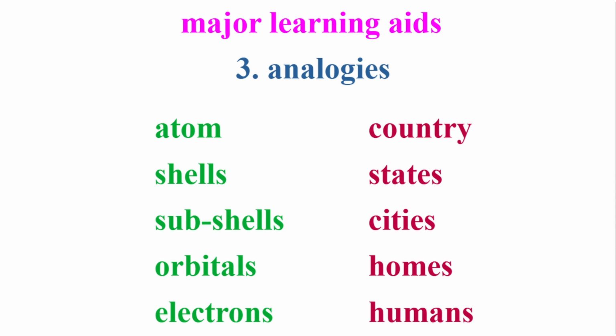Consider an atom to be analogous to a country like our United States. The shells in the atom are then analogous to the states such as Pennsylvania, etc. The subshells in the shells are analogous to the cities in, for example, Pennsylvania, such as Pittsburgh, Philadelphia, etc.